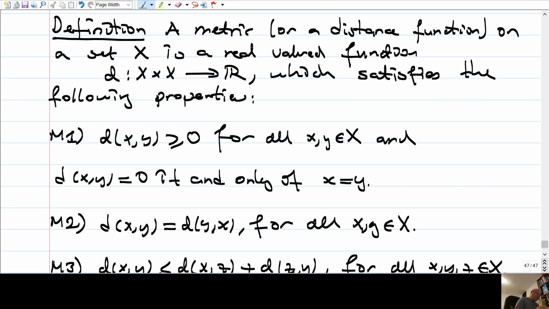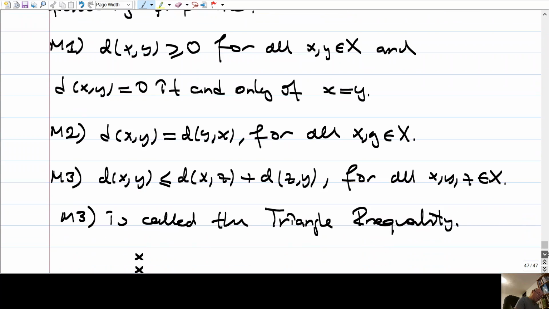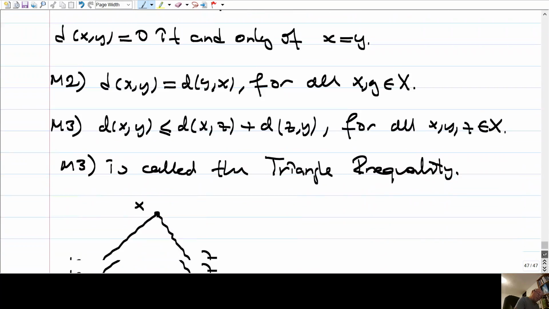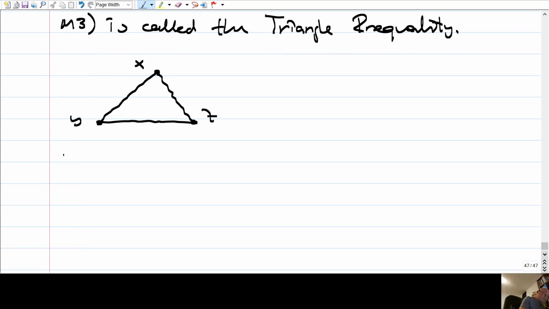So what's a metric space? I told you what a metric is, but I didn't tell you what a metric space is. So another definition.